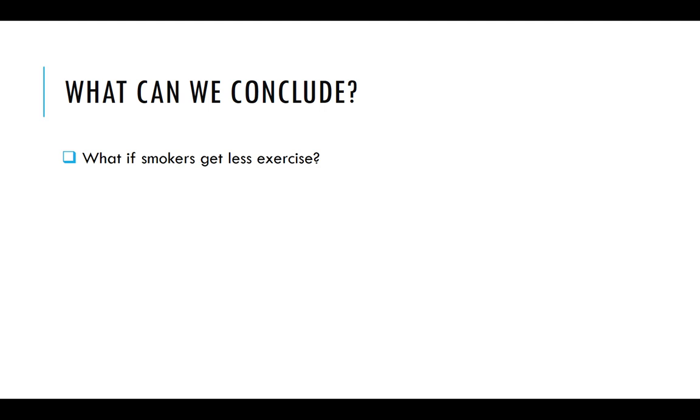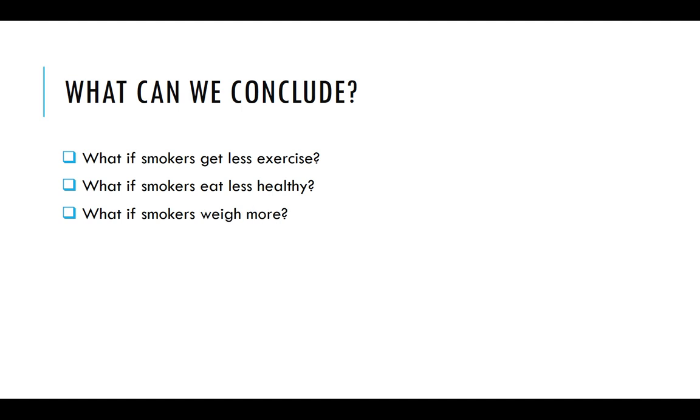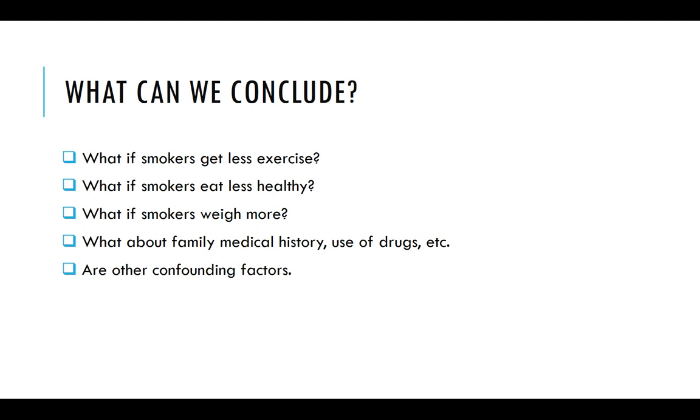For example, what if our sample of smokers gets less exercise? And what if our smokers eat less healthy? And what if our smokers weigh more? What about things like family medical history, use of drugs, right? You get the idea. There are other confounding factors.